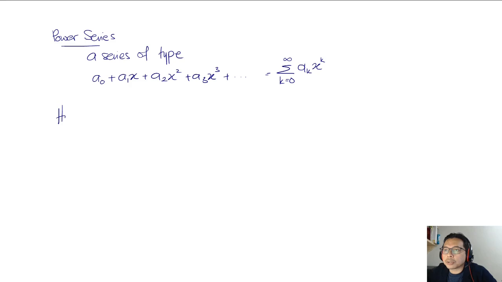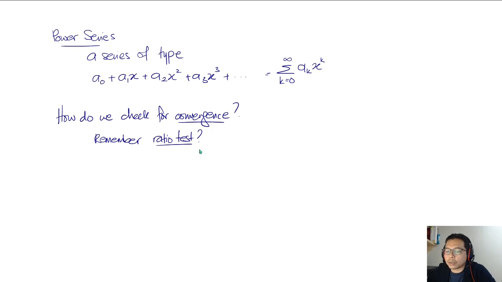So one question comes to mind: how do we check for convergence? Alright, the ratio test is something like this. We try to find the limit, when k goes to infinity, of the ratio of terms of the series.